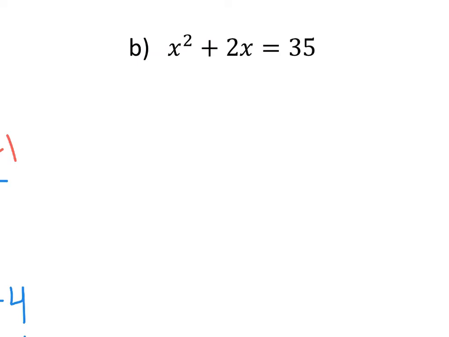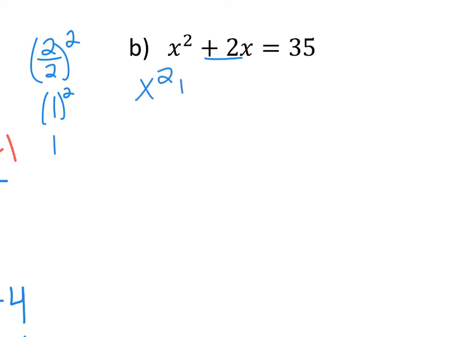Okay, let's try letter B. Again, I want my constant on one side of the equal sign and everything else on the other side, which it's already there, so we're good to go. I'm going to take the b term, divide it by 2, and square it. 2 divided by 2 is 1, and when I square that, I get 1. So again, I'm going to add 1 to both sides. 35 plus 1 is 36.